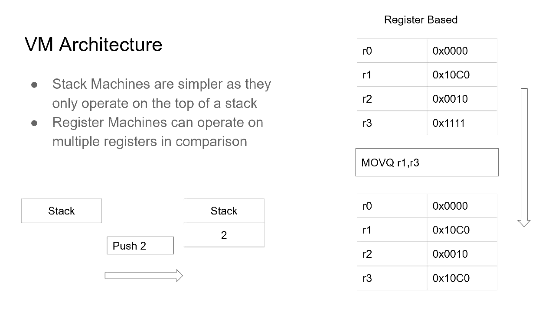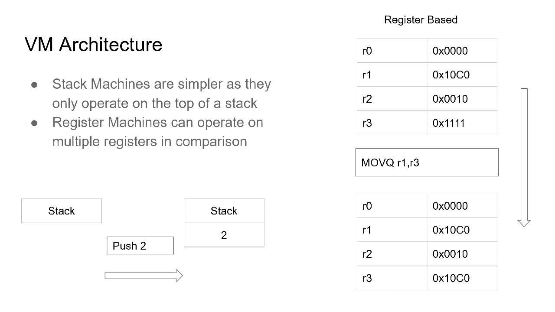So what we have at the bottom left is an example of a simple stack-based operation where we push the constant 2 onto the stack, and that just pushes 2 on the stack. And to the right, we have an example of a register-based architecture where we have 4 registers, 0 to 3, and we have an operation called movq. If anyone's familiar with x86 assembly, if it was x86 assembly, you would add parentheses, but I'm simplifying it.